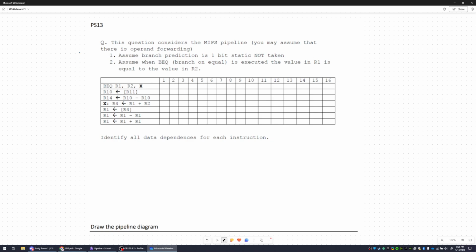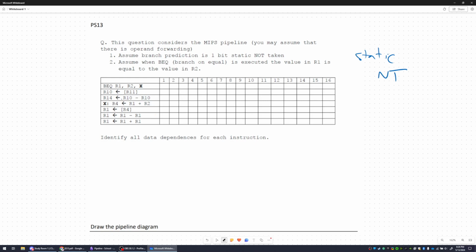There is branch prediction, but it's static, not taken. You also assume when the branch on equal is executed, the value in R1 is equal to R2. So this will run the loop.